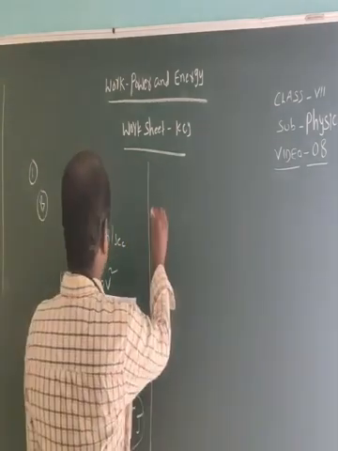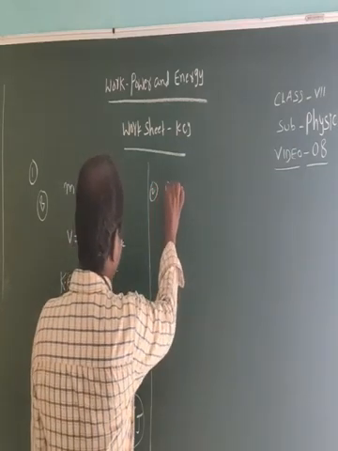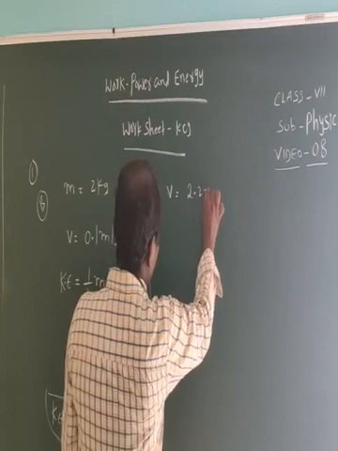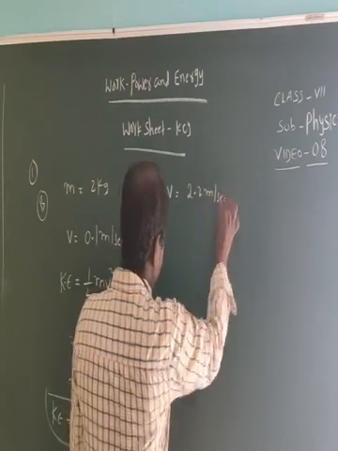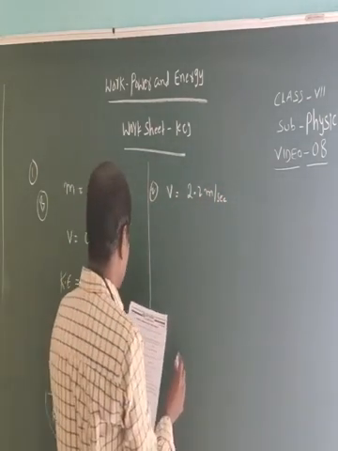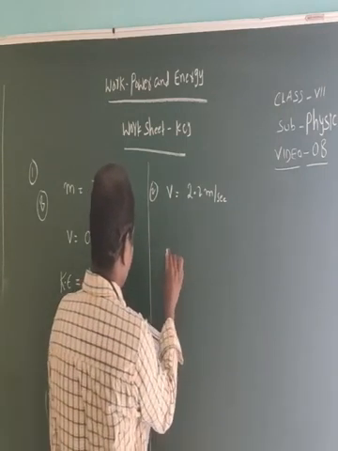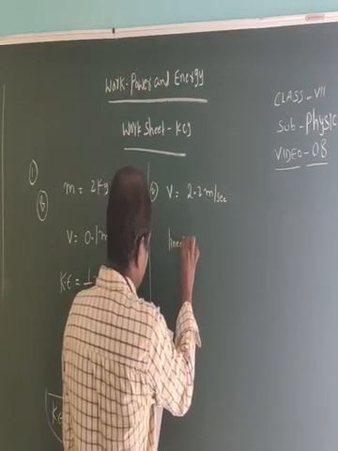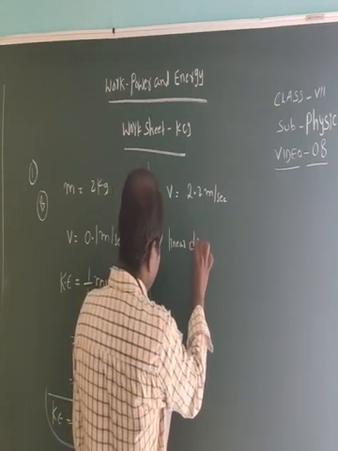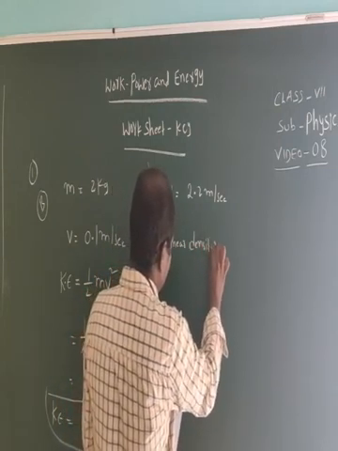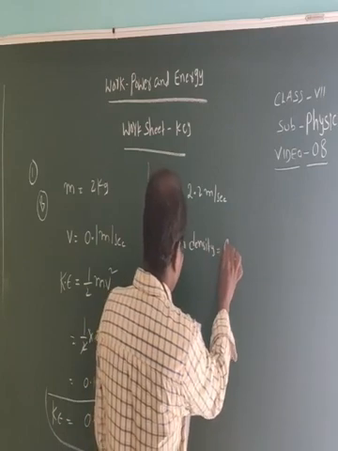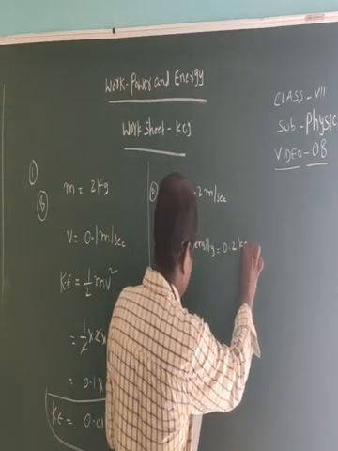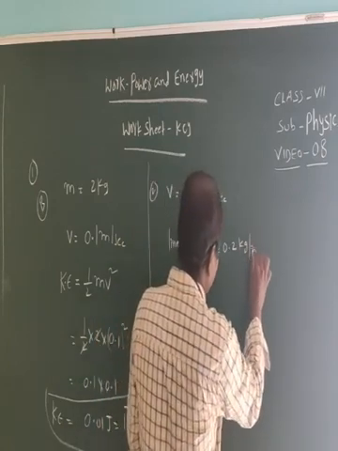Velocity, or speed, is given here: v equal to 2.2 meter per second. Next, linear density is given, equal to 0.2 kg per meter.